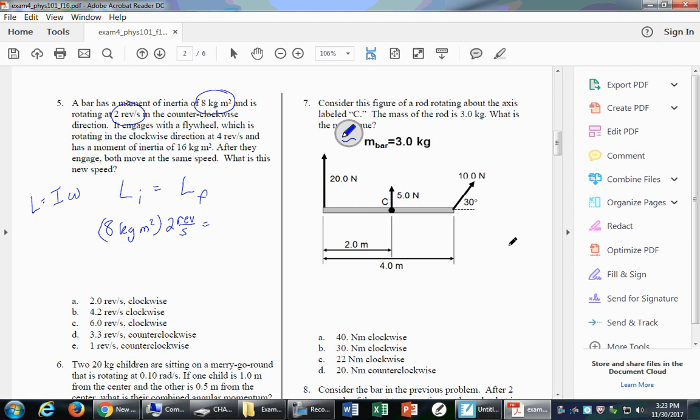I have one object rotating counterclockwise and one rotating clockwise, so I have to add these two together, plus the second object, which is 16 kilogram meter squared times 4 revolutions per second.